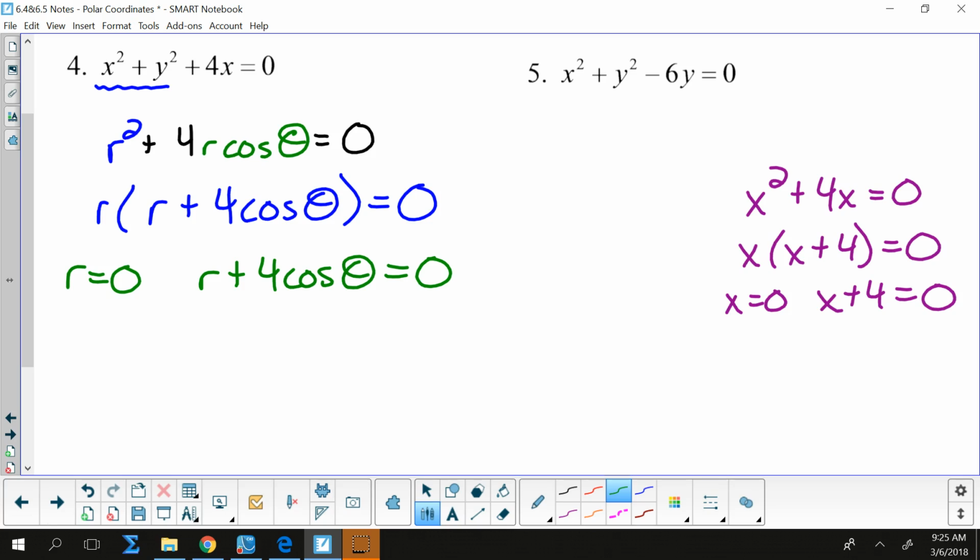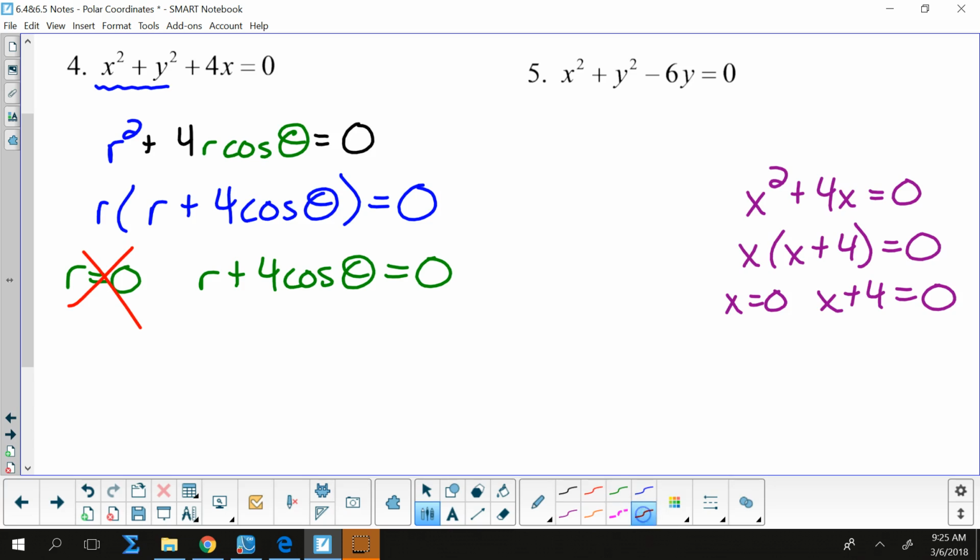That would land on the pole. It's just the pole, right? Is that anything other than the pole? That's nothing. So that's not going to help me. So we kick that one out. Okay?